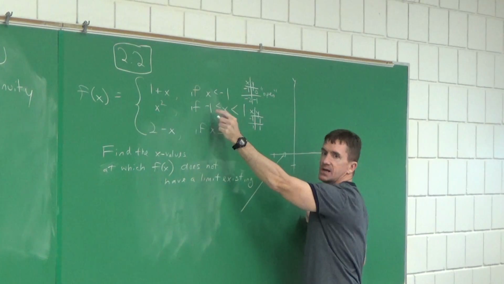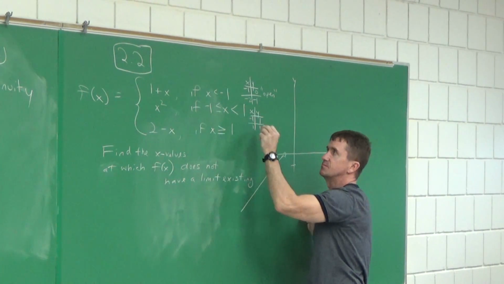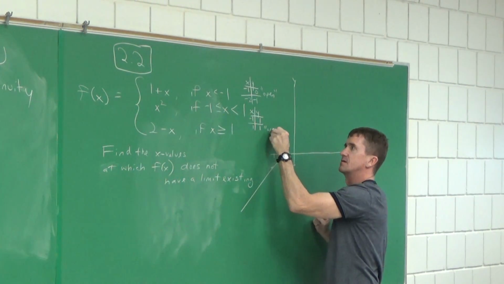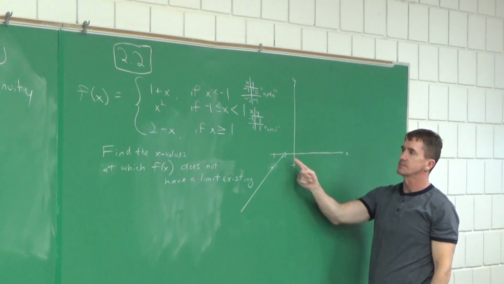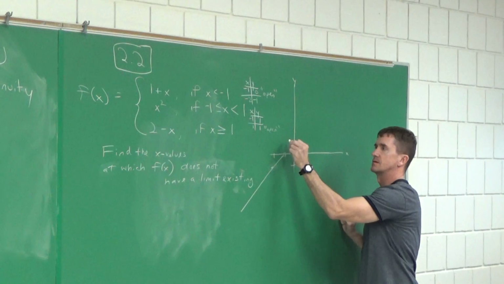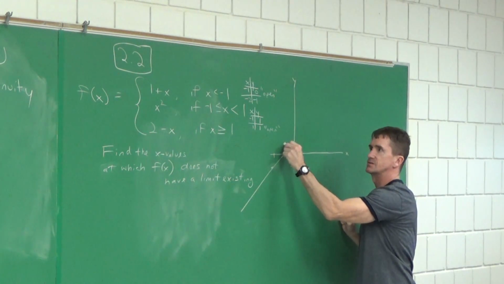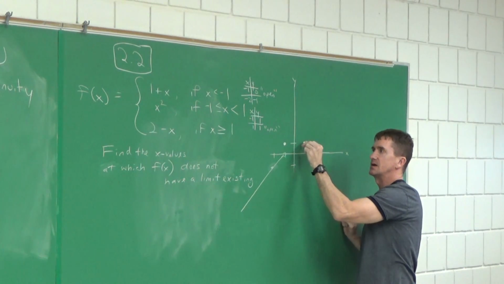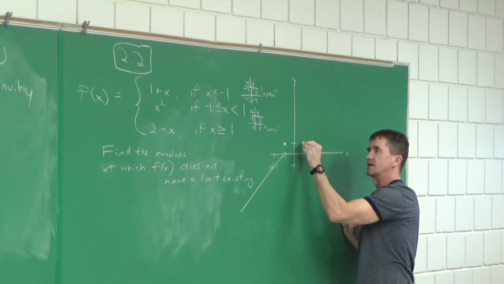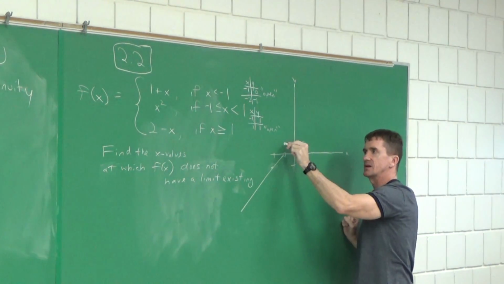That side I'm going to close dot. This side I'm going to keep open. So at -1, it's a 1, closed dot. But at 1, I've got to keep this open. It's going to be a positive 1 like that. But a parabola does a little hook, doesn't it?